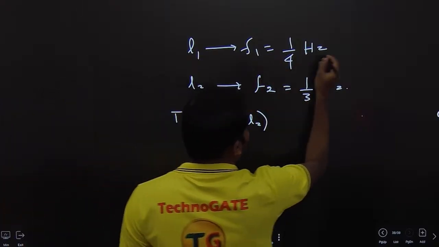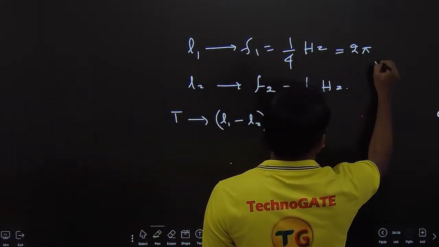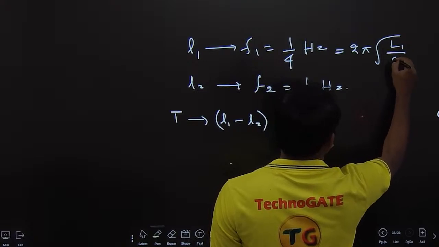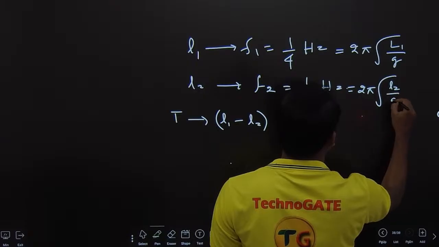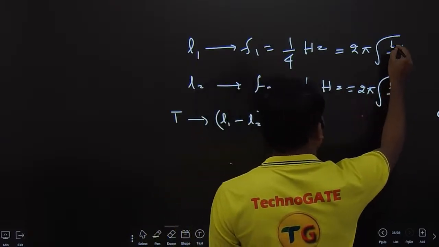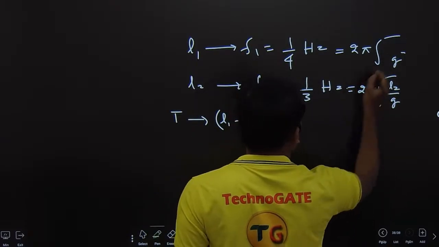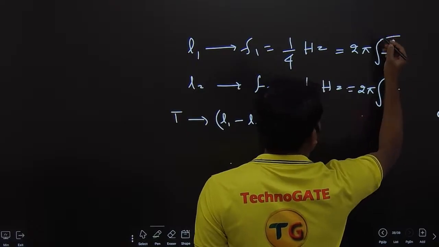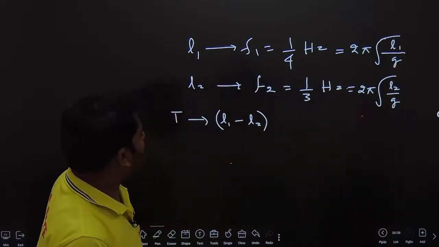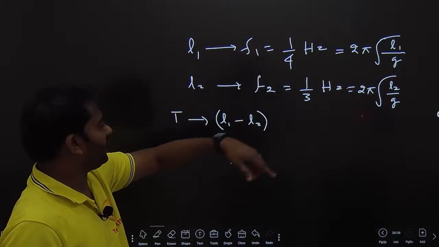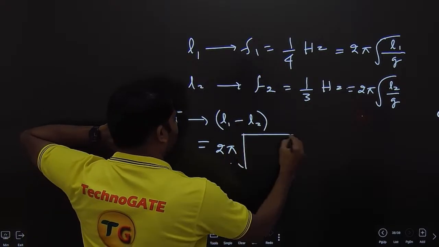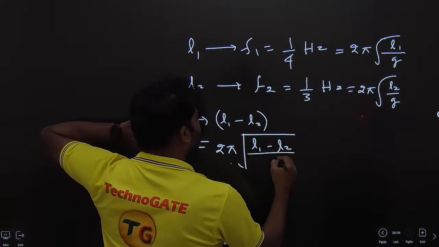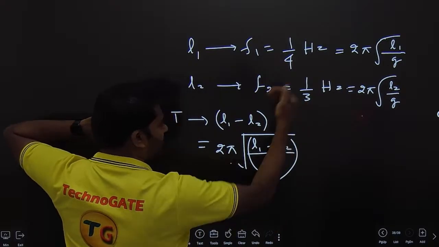The frequency can be written using 2 pi under root L1 by G and 2 pi under root L2 by G. For the new pendulum, the time period is 2 pi under root L1 minus L2 by G.